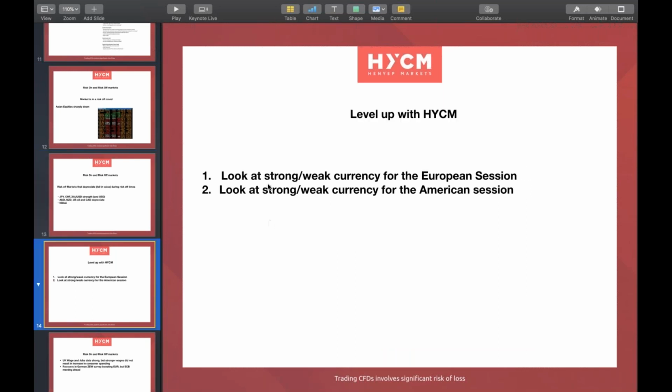So on that basis, what do we think will be a strong and weak currency for the European session? When you come to your desk, 7 a.m. GMT, what currencies would you look at? Type it in the question panel, start telling me the currency pairs you would look at. Remember, we're always trying to trade a strong currency against a weak currency. That's the plan. What would you be looking at? Sammy, exactly.